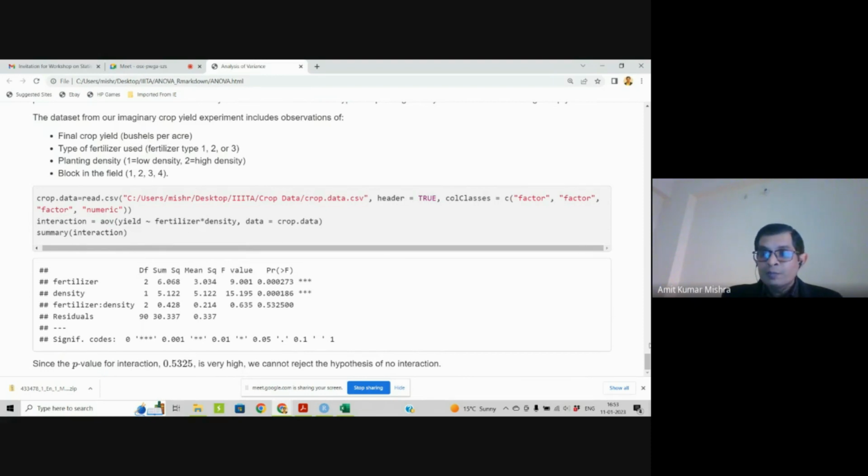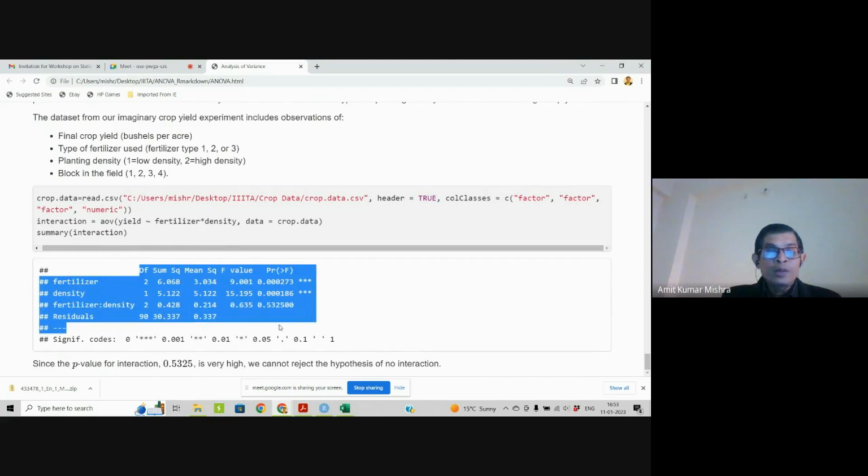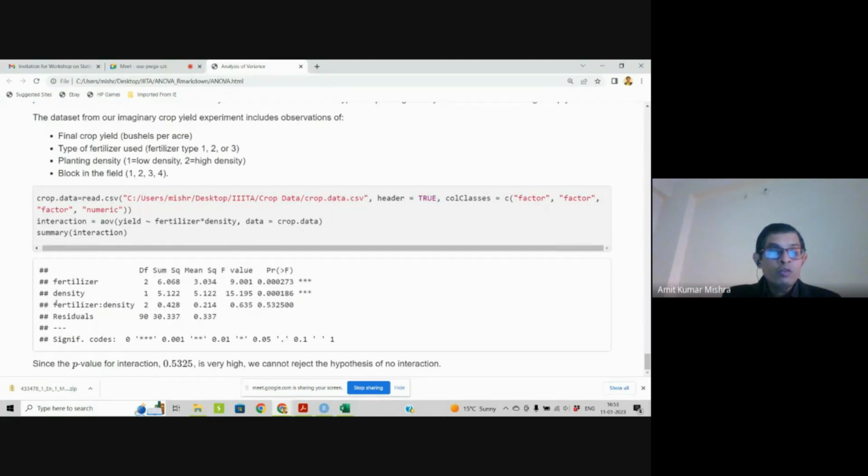Summary of the interaction model: you can see the output here. This fertilizer:density row actually represents the interaction, and you can see the p value is not very small. The p value is 53%, so you are not going to reject the null hypothesis. And what was the null hypothesis? There is no interaction. So you cannot say that there is an interaction.